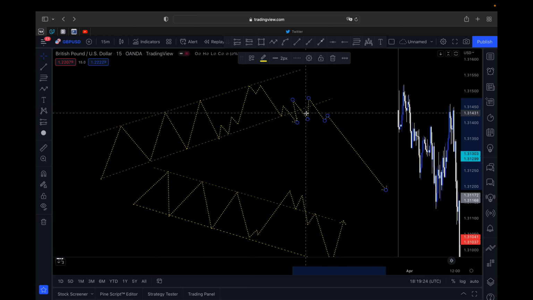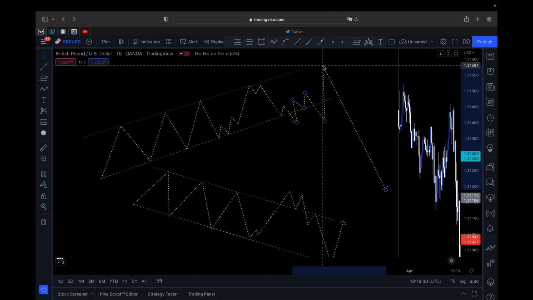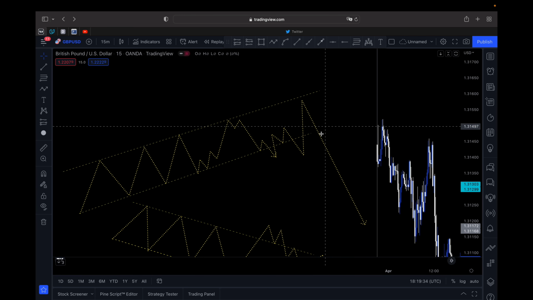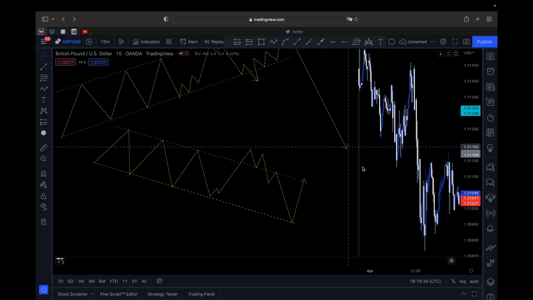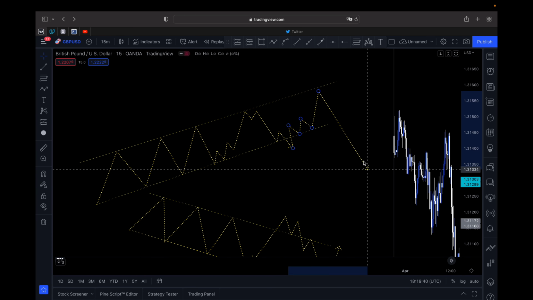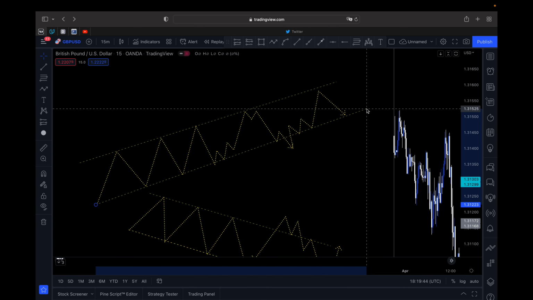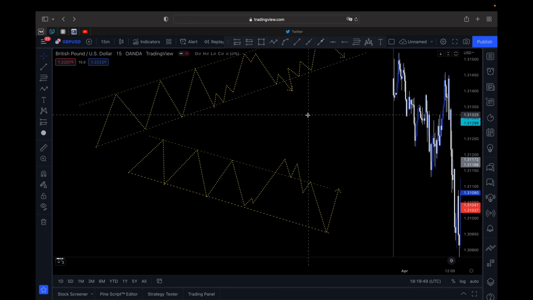There will be a break-in and there will be a retest here, and here you can take it, the buys. So this is it. This is for the fake outs, and I just showed you the breakouts.